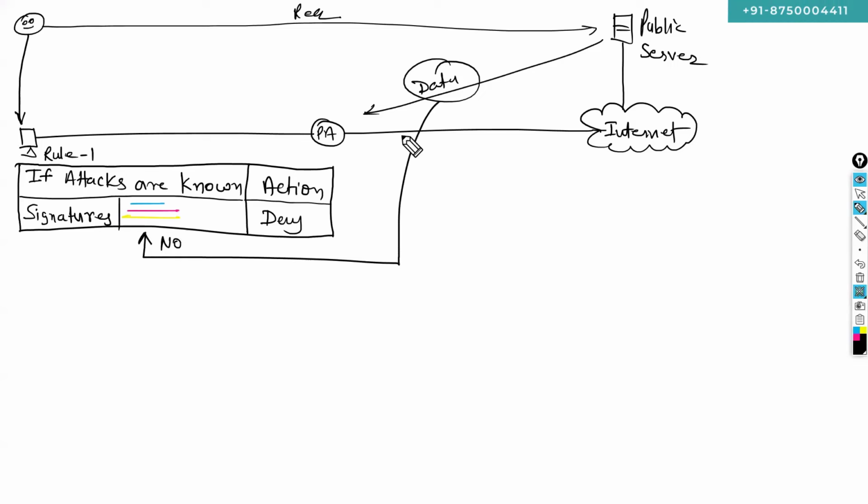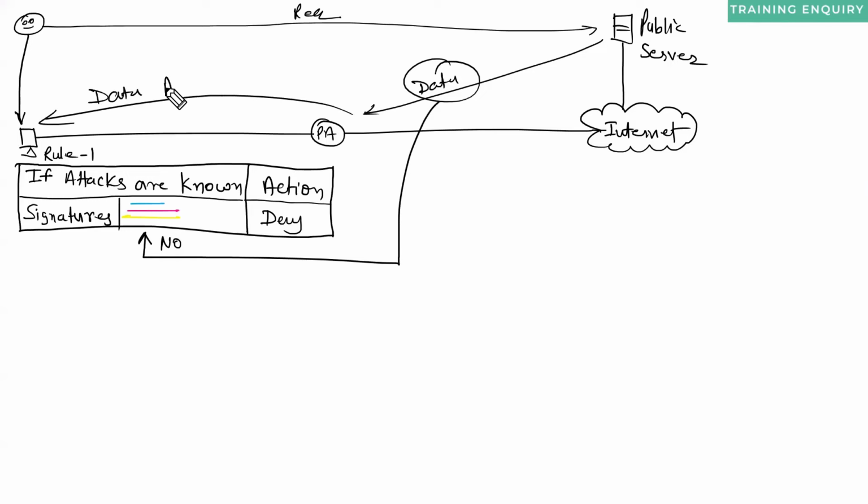At this time, no pattern matches in the data. When no pattern matches, it means the data is clear, so this data will be allowed. If this data contains any pattern like this, or this, then what will happen?